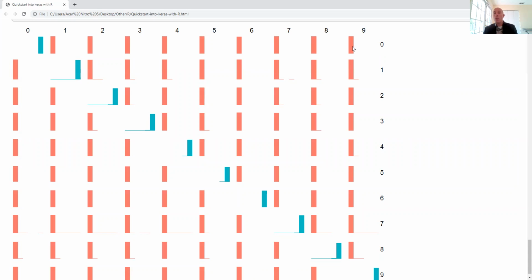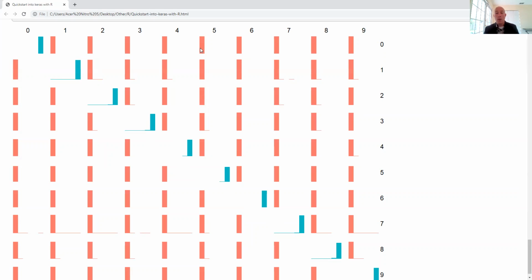Here is the modeled histogram of the model probability of a 9. Here the digit is a 1. Here's the modeled probability of being a 9. The correct digit is a 2. This is the modeled probability of it being a 9, and so on. So the diagonal are the modeled probabilities of the correct digit, and the red are the modeled probabilities of it being incorrect. Okay, so overall, this is really good.